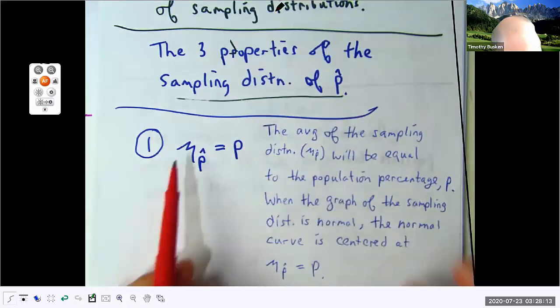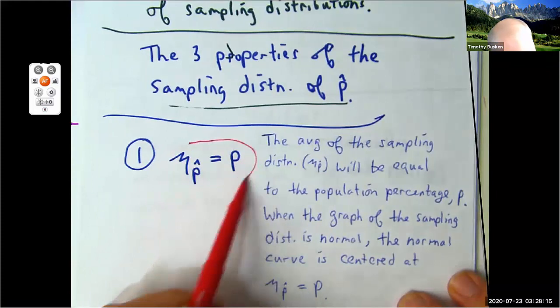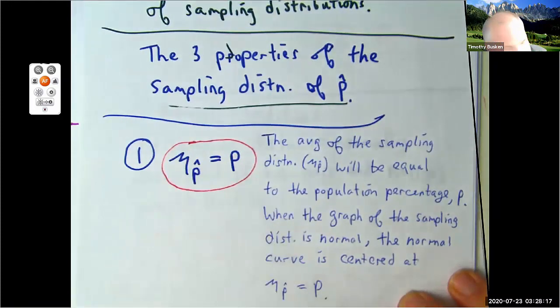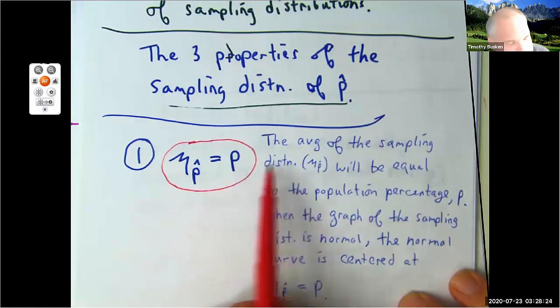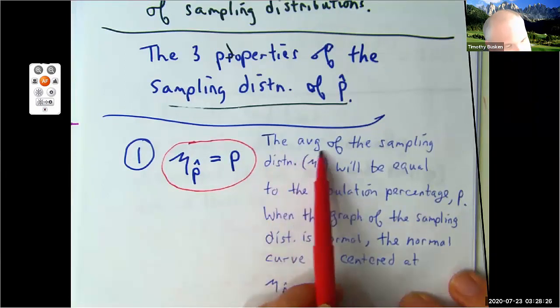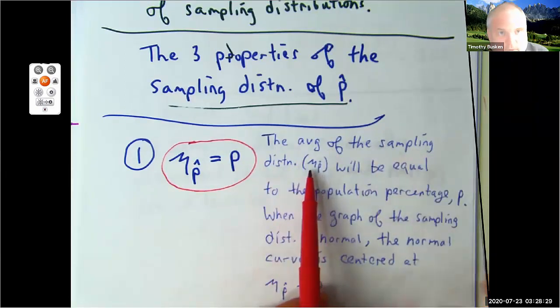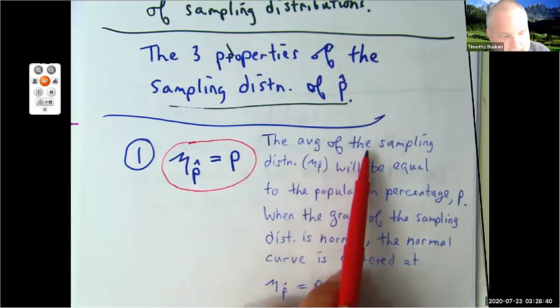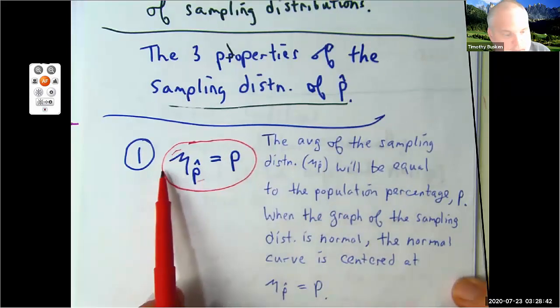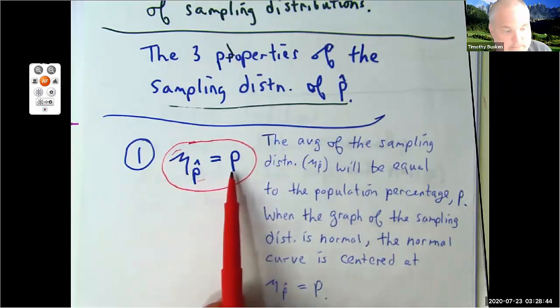Property number one is just described by this equation, that mu sub p hat is equal to p. What in the world does that mean? It means this: the average of the sampling distribution. If you have the entire collection of sample percentages, all drawn from samples of the same size, that average of that list, mu sub p hat, will equal the actual percentage.